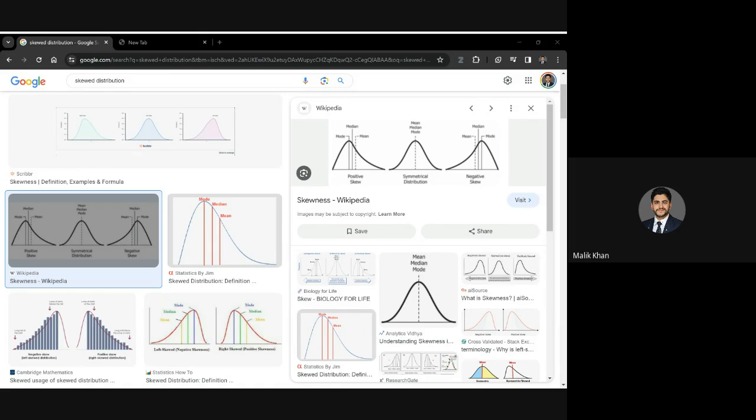Another question I want to ask is, can you calculate the median for an ordinal variable? What is a median? Median is the middle value, and median is relevant to order.